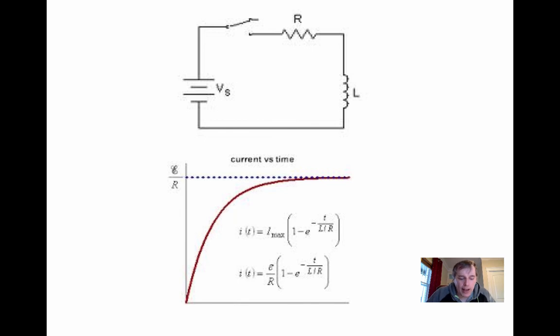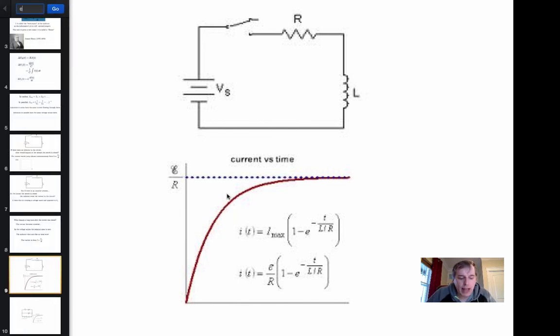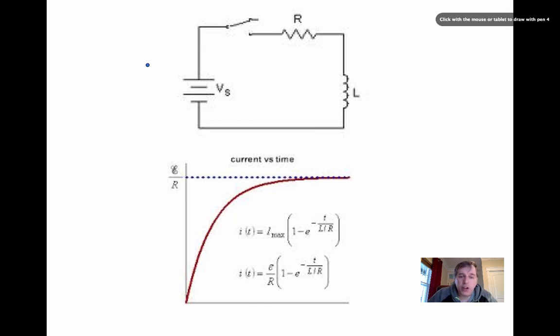Again, remember what we would have if there was no inductor at all. What would be the curve? The curve would jump straight to this value, the voltage of the battery over R, and then stay constant.